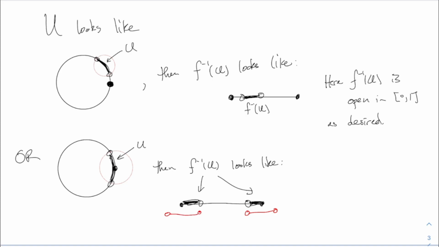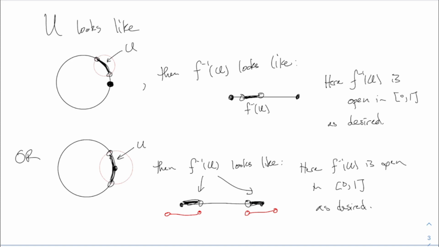And when you intersect that with the interval, you get this thing. So I will just write the same thing again. Here, F inverse of U is open in 0, 1. Since we're using the subspace topology, it's a little weird looking, but it is an open set as desired. All right, so this is a continuous function.